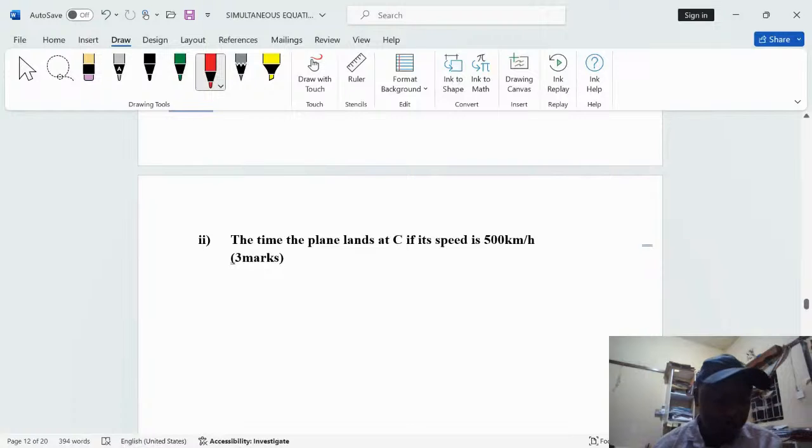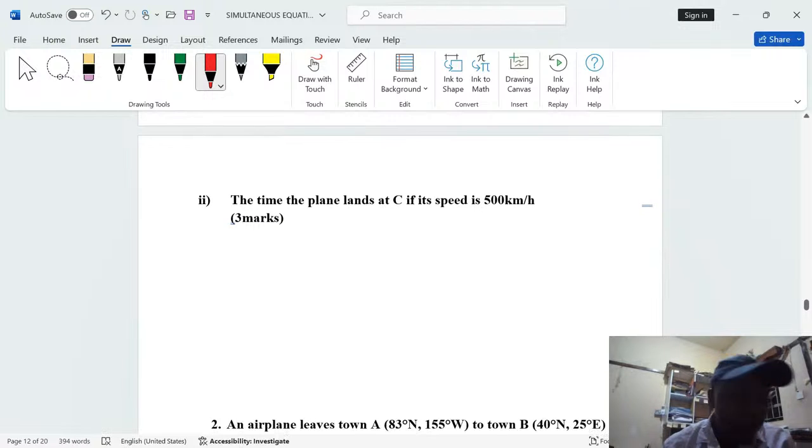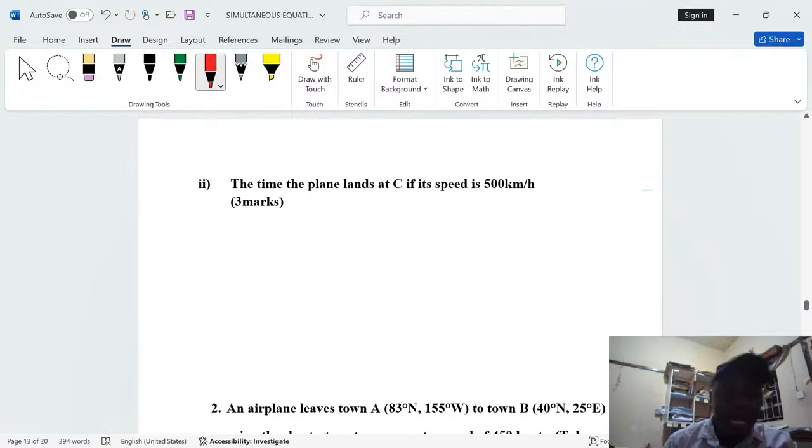This is a very crucial question about the time. If the speed is 500 kilometers per hour, we should know that time is given by distance over speed.